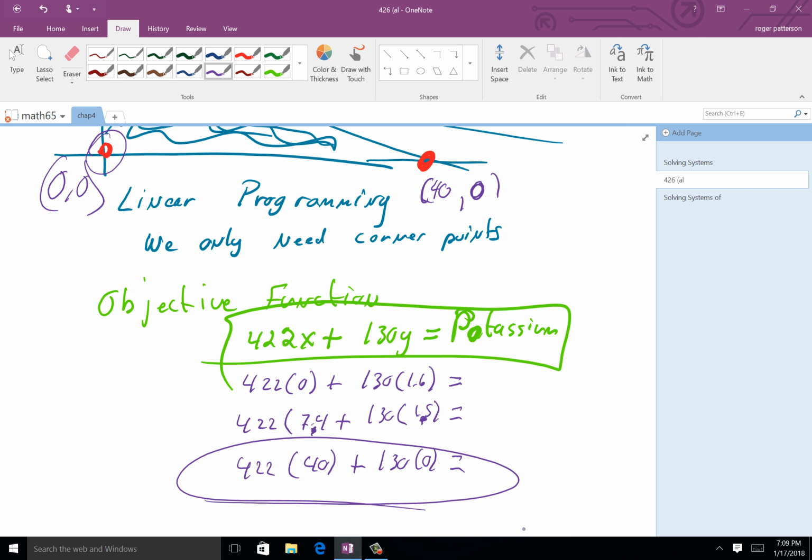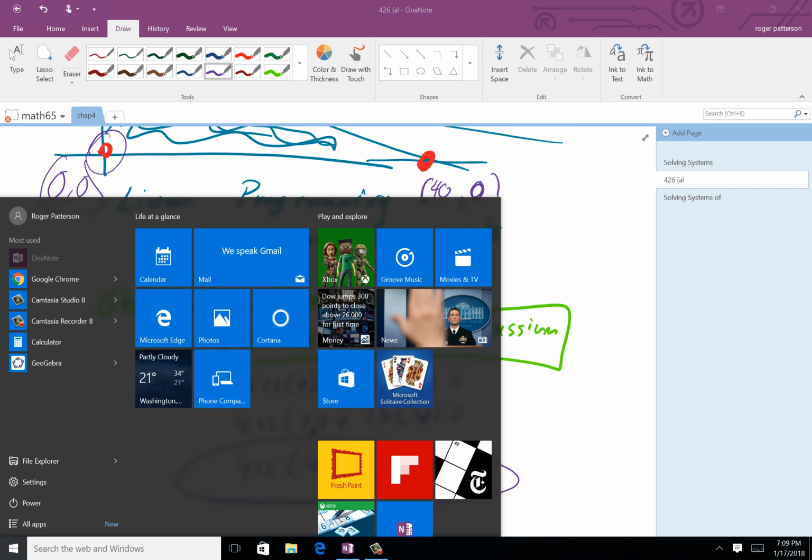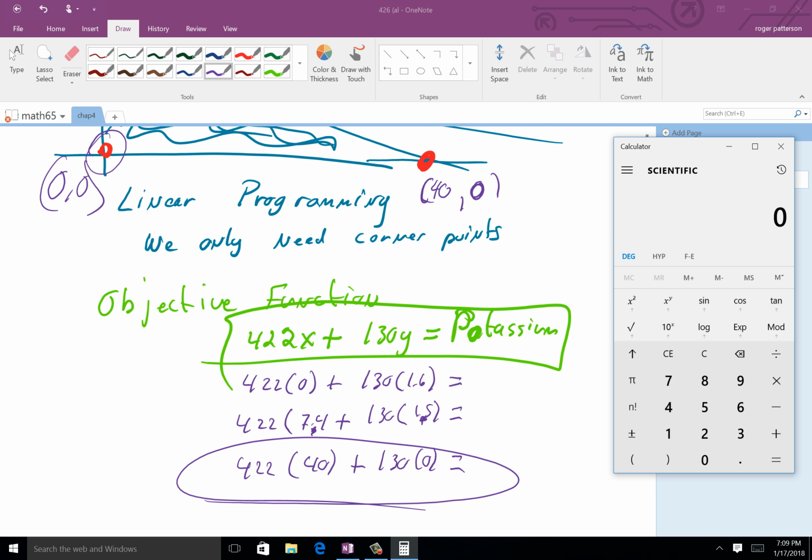So once you check these out, so 130 times 1.6. Here, I'll just use my calculator on here. 130 times 1.6. 1.6 times 130 equals 3,000.